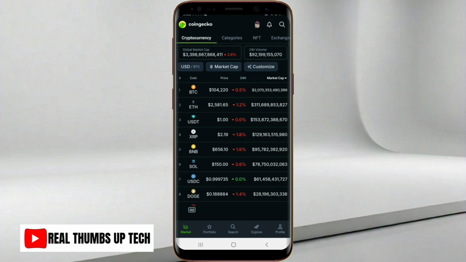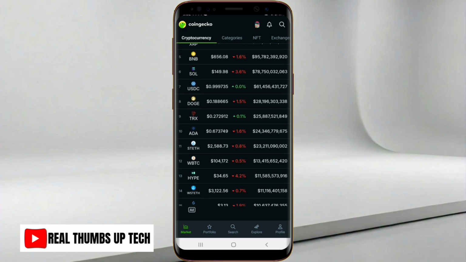You see that the market cap for BTC is around 2 point something trillion. Ethereum is around 311 billion, and USDT around 153 billion on CoinGecko, and the rest of the coins.